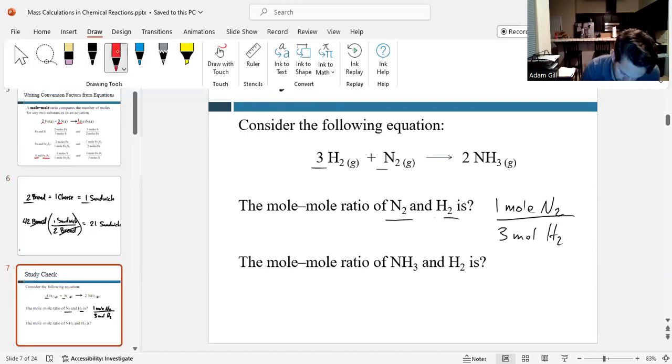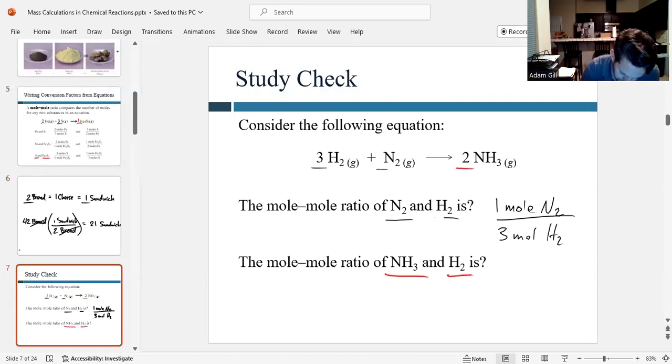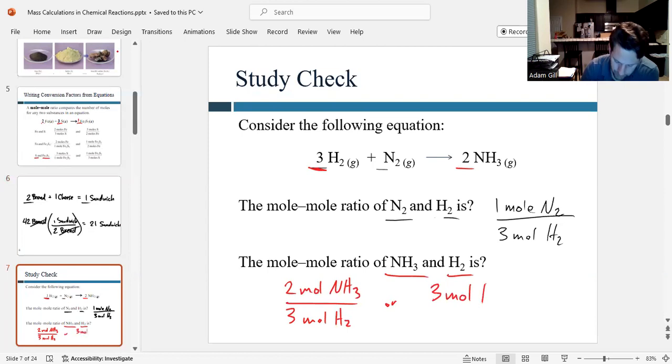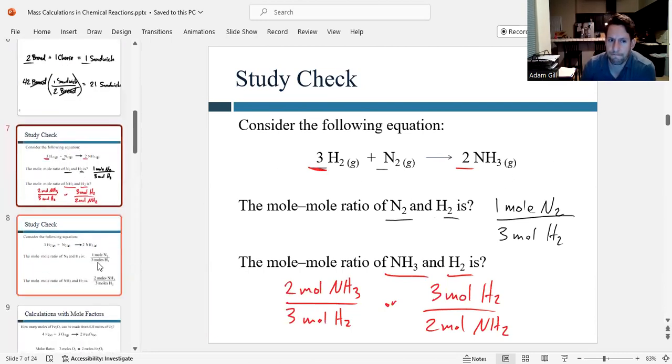Now, what's the mole ratio of ammonia and H2? Well, there's 2 moles of NH3 for every 3 moles of H2, or you could express it the other way around. 3 moles of H2 for every 2 moles of NH3. Just comparing the coefficients in our balanced chemical equation.